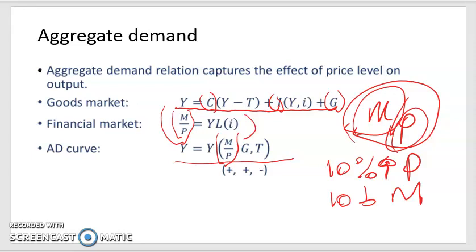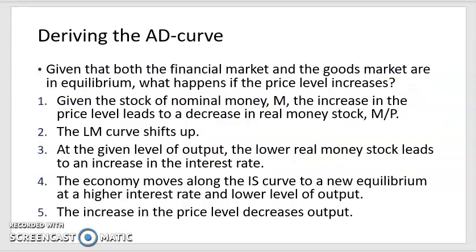Using the IS and LM relation, we can derive a relation between the price level and the level of output implied by the equilibrium in the goods and financial market. Given that both markets are in equilibrium, let's look at what happens if the price level increases. The IS curve is drawn for a given value of government spending and tax.